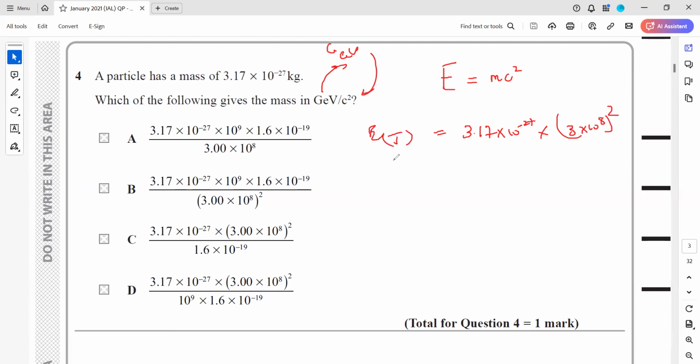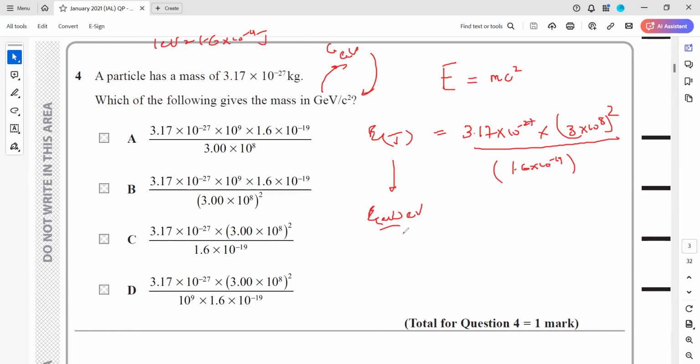Now, if I want to convert this energy in joules into electron volt, we know 1 electron volt is equal to 1.6 into 10 to the power minus 19 joules. So to convert the joules into electron volt, we have to divide by 1.6 into 10 to the power minus 19. This will convert it into electron volt.